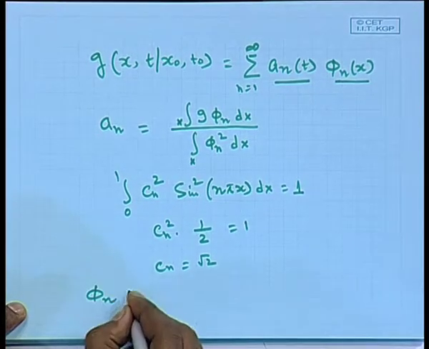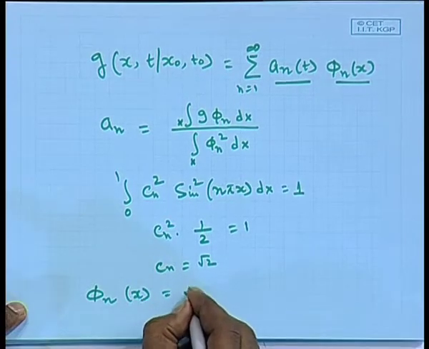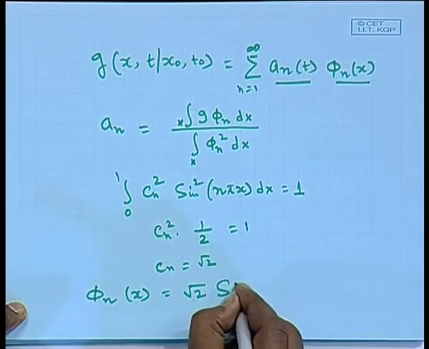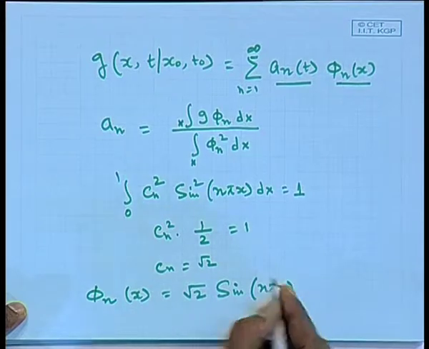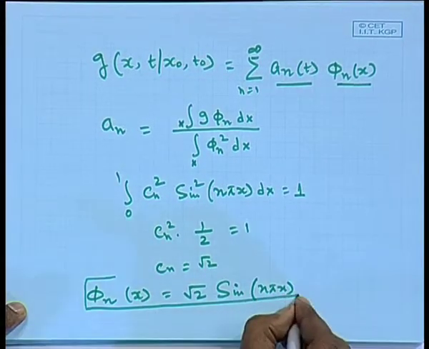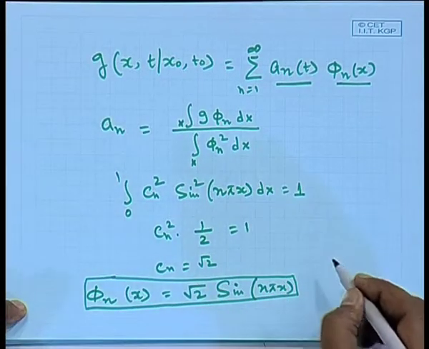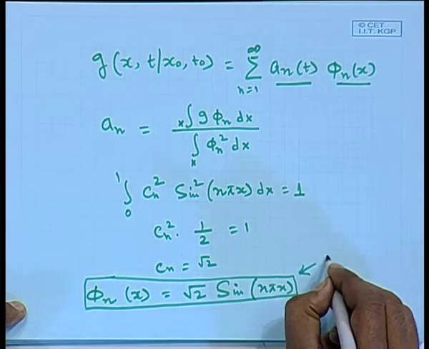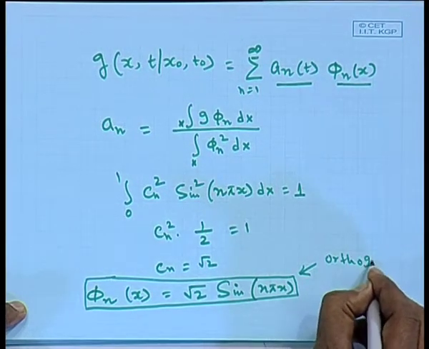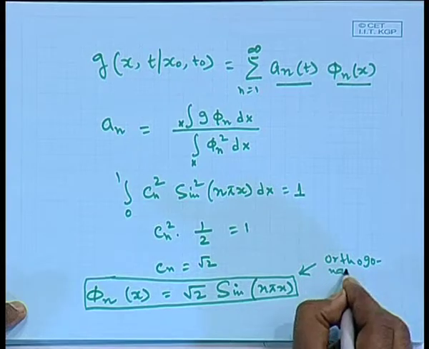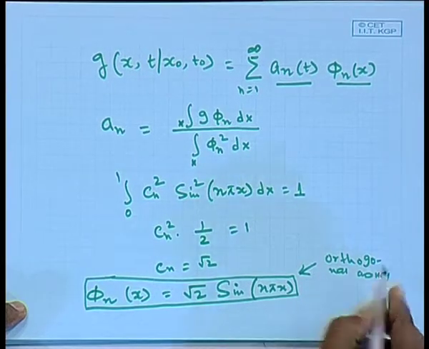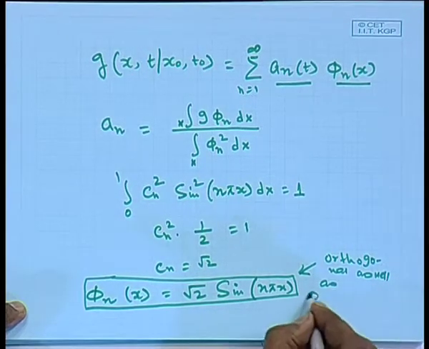The eigenfunctions will be nothing but root 2 sin n pi x. These eigenfunctions are orthogonal as well as orthonormal.